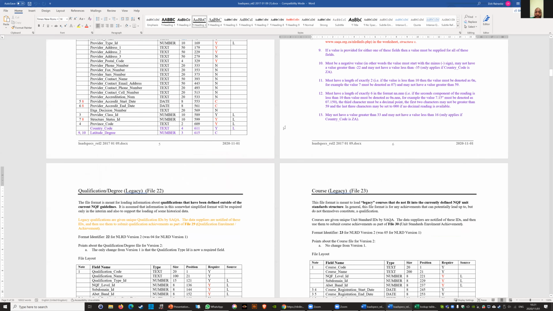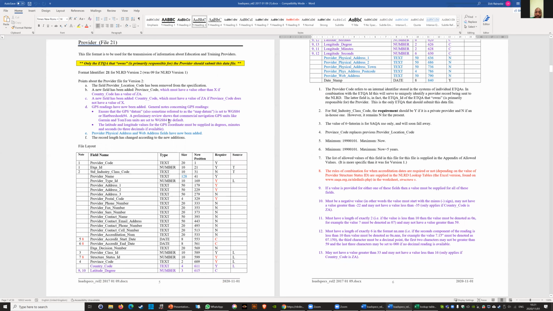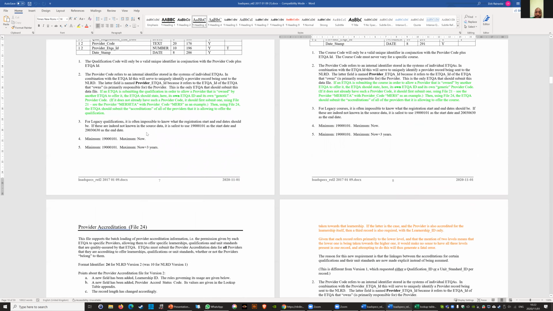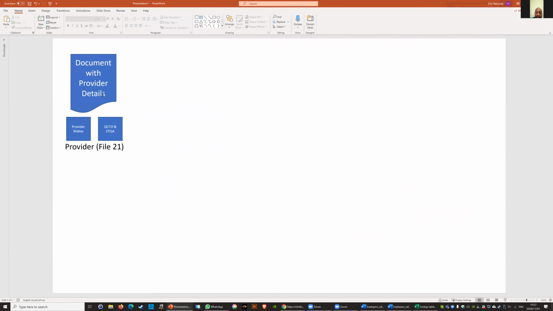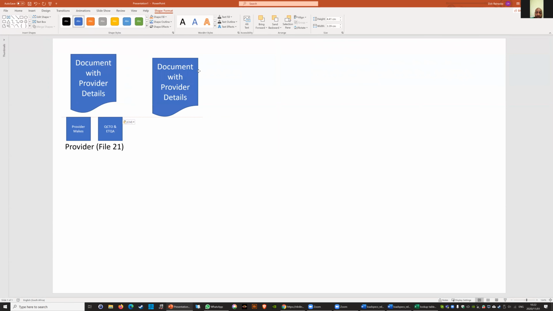Okay, so the first is the biographical information about the provider. The next one that we want to take a look at is the provider accreditation document. This provider accreditation document is the next document that we've got to make sure that we have.